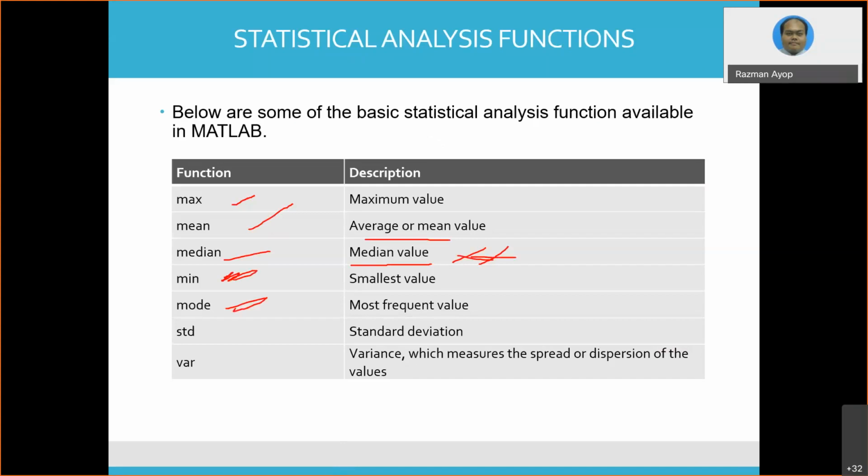Mode is the most frequent value: if you have multiple numbers and one number constantly shows up, that one is the mode. This one is standard deviation, and variance. I think most of you also know these. All of these functions are available in MATLAB.